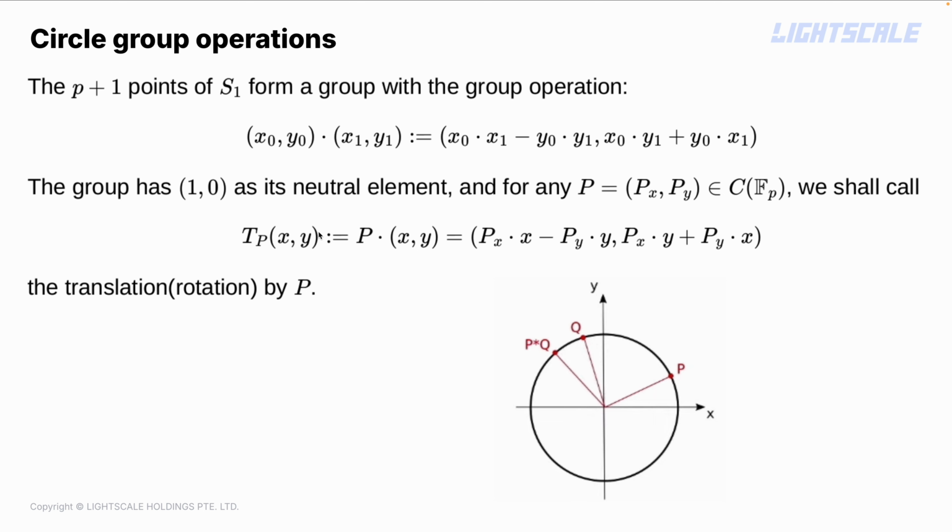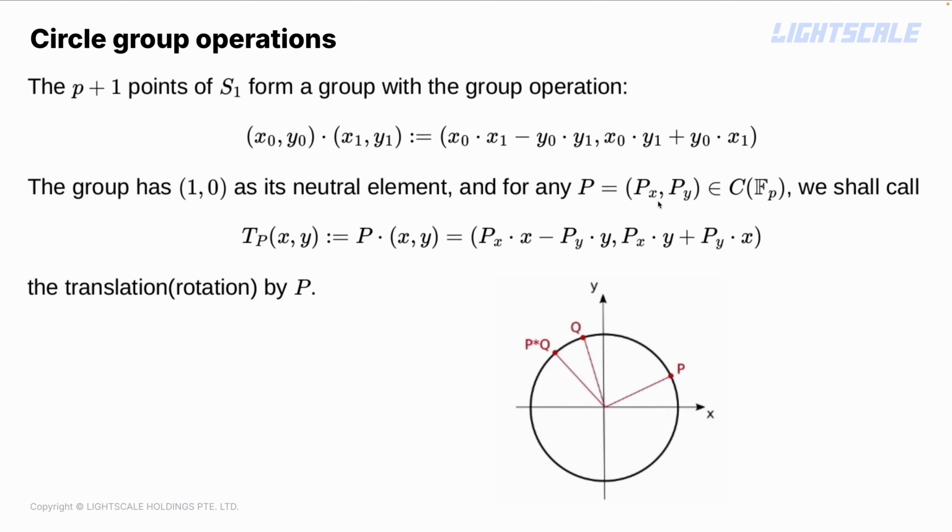But anyway, this is the group operation, and (1, 0) is its neutral element. If you think about it, (1, 0) multiplied by (1, 0) is actually (1, 0), and (1, 0) group operation any element (x, y) gives (x, y).